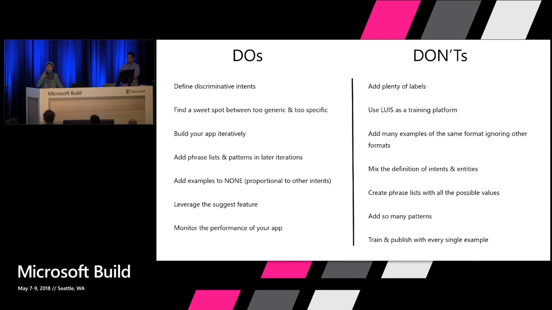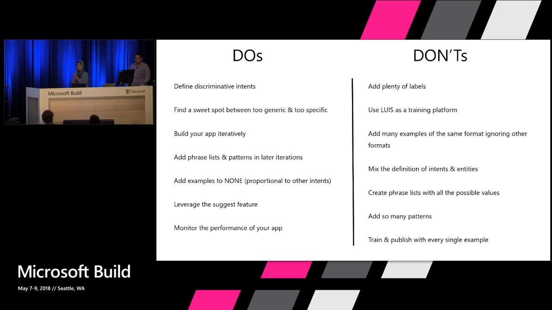If you only provide maybe a few examples of those cities in your phrase list or those airport codes, LUIS can generalize because it takes context into consideration. So it gets those words that it adapts to, but it also gets the training examples that carry the context, and it can make use of both signals to make sense of what you're saying.